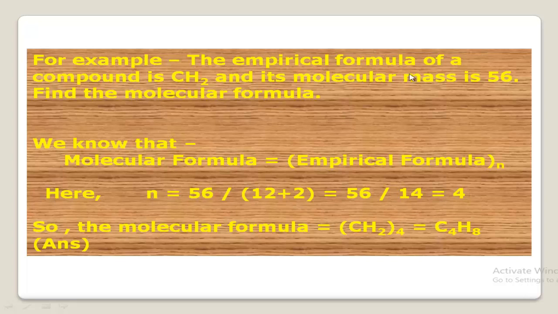What is our empirical formula? CH2. The atomic mass of carbon is 12 plus hydrogen is 1 and the number of hydrogen is 2, so 2. So the mass of the empirical formula is 14. So 56 divided by 14 equals 4. So the value of N equals 4.